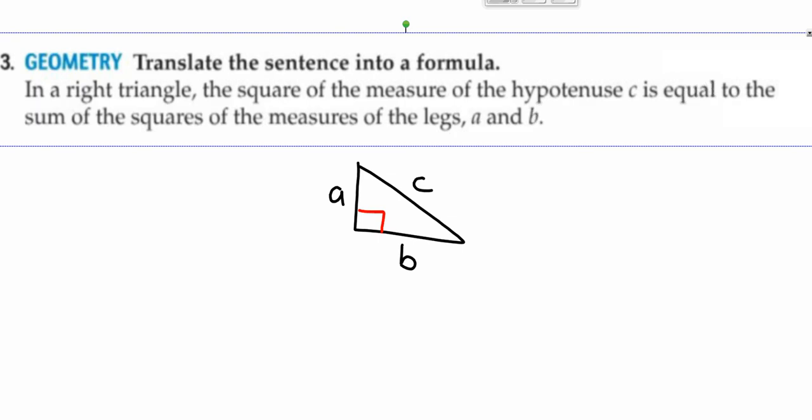So let's just write that underneath. C squared is equal to, there's my equal sign, and then the sum of squares, that means I'm adding two things. I'm adding the square of A to the square of B. So that's A squared plus B squared.